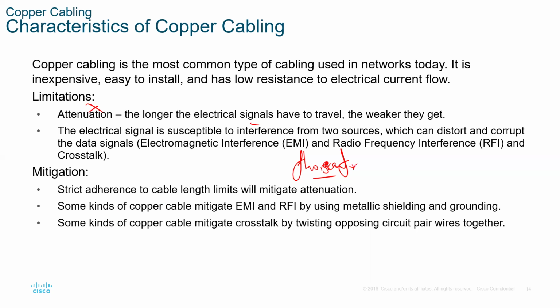And that's a problem. The signal gets distorted. Other examples, even power lines, also distort the signal in copper. That is what we call electromagnetic interference. Now, when we talk of radio frequency interference, this is mainly because of radio waves, radio transmitters, even phones around the area. That's a problem.